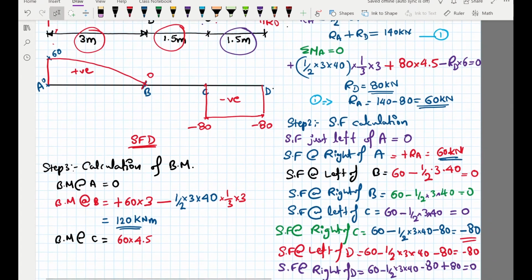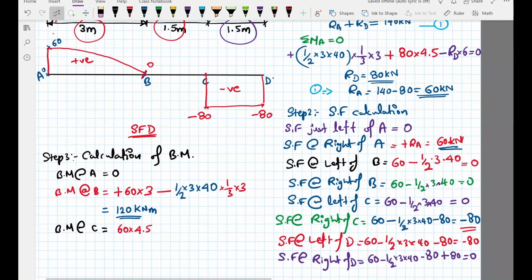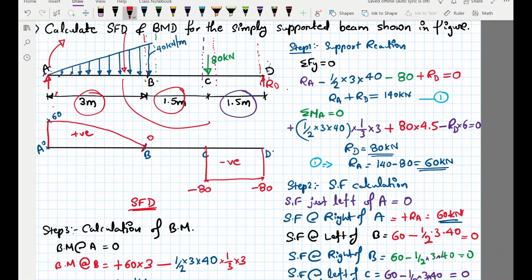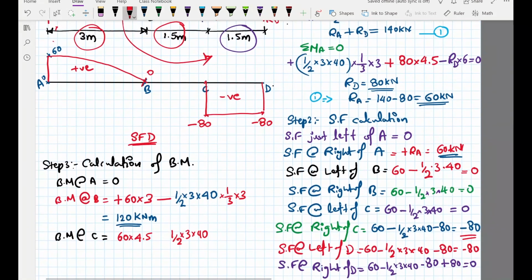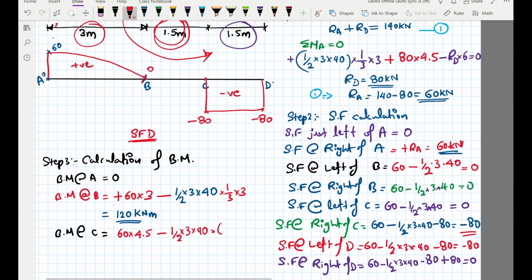Then UVL, if I convert that into point load, it is going to act somewhere here. So that value is half into 3 into 40. So if I apply about C, it is going to rotate in anti-clockwise direction, therefore minus into distance, that is 1.5 meter plus 1/3 of 3.